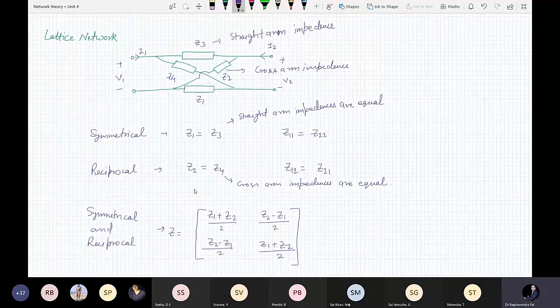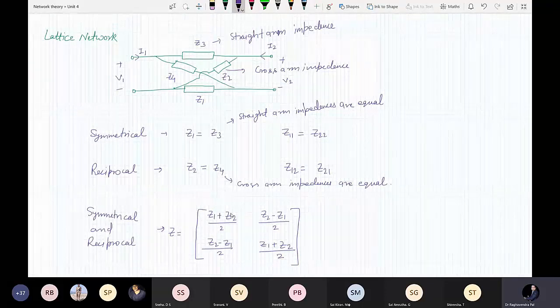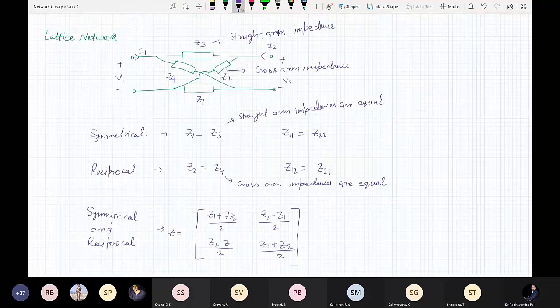Now, suppose a question is asked: find the H parameters for the following lattice network. So now you must be thinking that the H parameter formulas are not given to us. How can we calculate? So you will have to calculate the Z parameters directly. It is given. Then you convert it using the table.